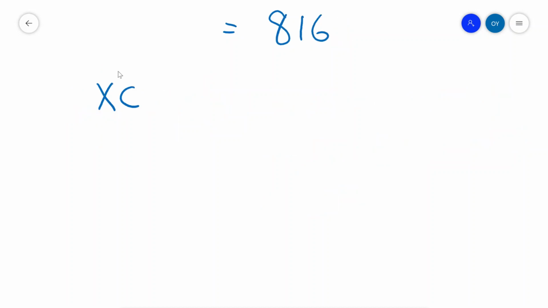Let's take a look at another example. We want to write XCVII in digits. So we can split it. So XC will definitely go together, and VII will definitely go together. So we have XC plus VII.